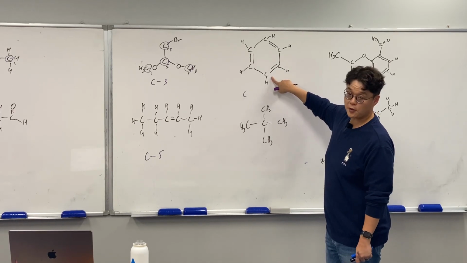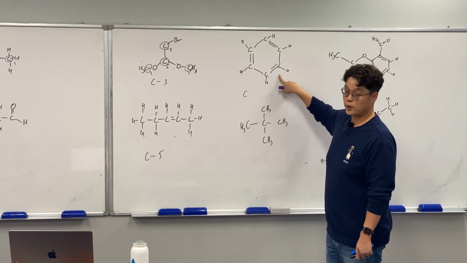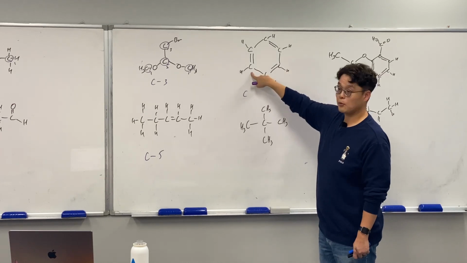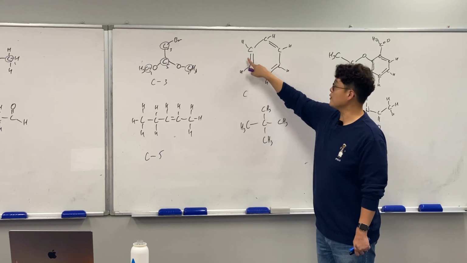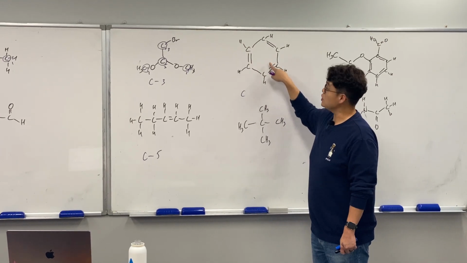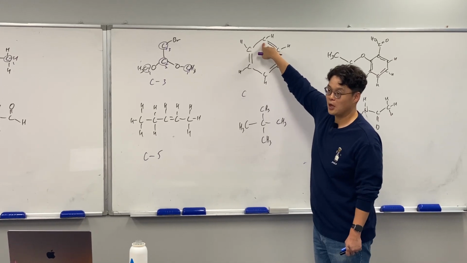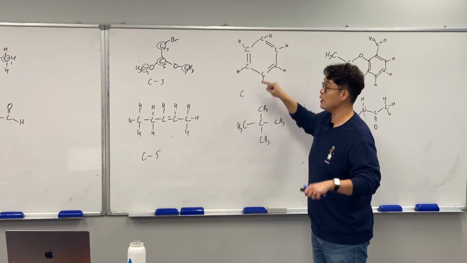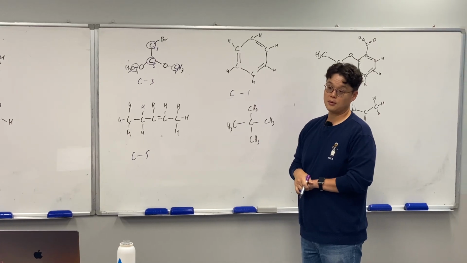This carbon, for example, has 1 hydrogen, is double bonded to a neighboring carbon with 1 hydrogen, and single bonded to a carbon with 1 hydrogen. This carbon likewise lives with 1 hydrogen, double bonded carbon, single bonded carbon. And this carbon too. They're all the same carbon environment. So even though we have 6 of them, there's only 1 environment for those reasons.